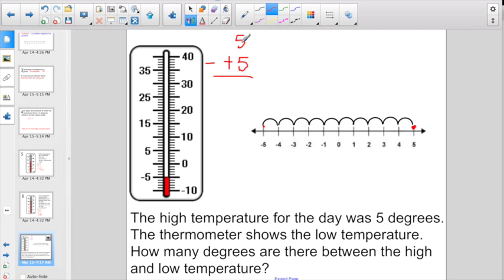You have to think of 5 minus -5 as really 5 plus 5. So that's going to be 10 unit segments. So how many degrees are there between the high and low temperatures? There were 10 degrees Celsius.